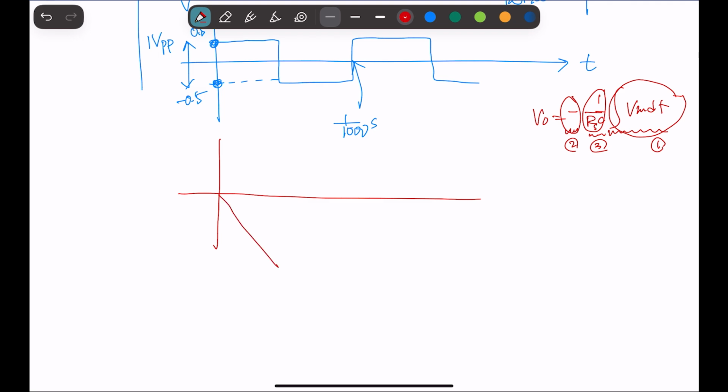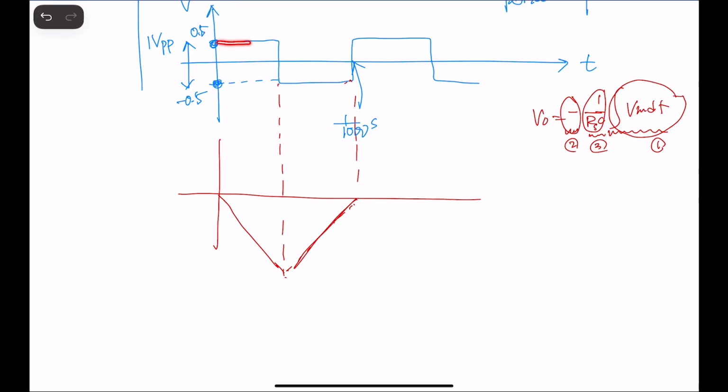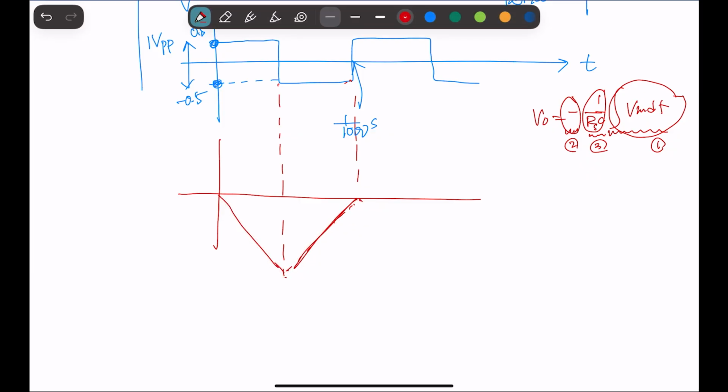We may have something like this. And then this part is actually going up like that, because the values here and there are basically the same. These are both 0.5, so this one and that one are the opposite. It goes down like this and going up like that. So it's going to do this forever. Okay, so that's the waveform of our output.